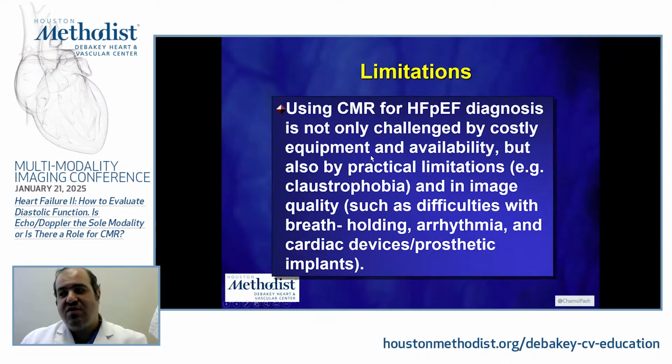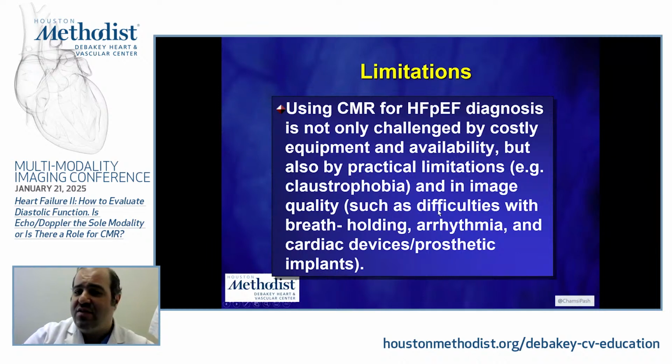Now, some of the limitations of MRI, obviously, are, number one, it's costly equipment. Thankfully here at Methodist, we have availability of all advanced imaging techniques, but also there are people who might not undergo a cardiac MR because of claustrophobia. Still, the length of the CMR examination might be a barrier, although now with the introduction of speed acquisition with compressed sensing, this might be better.